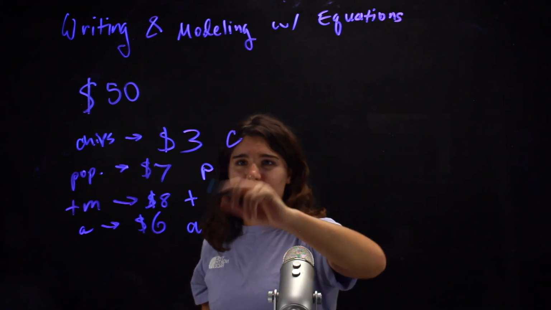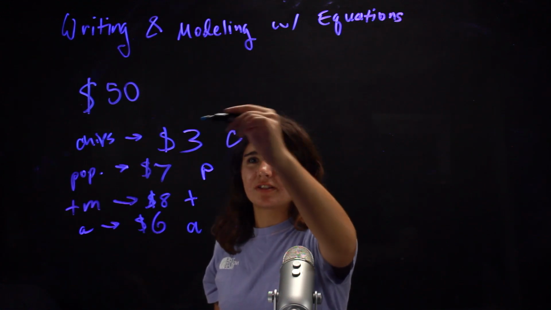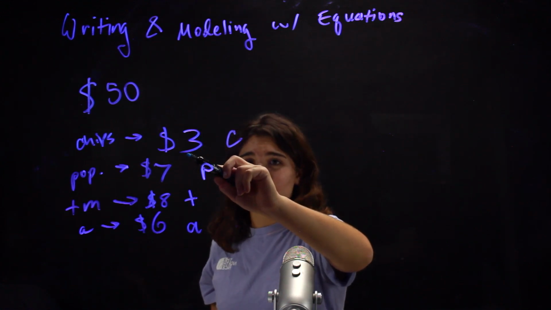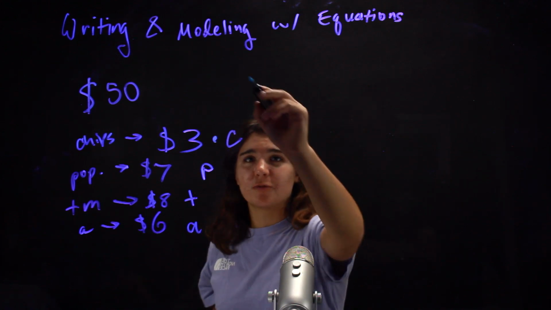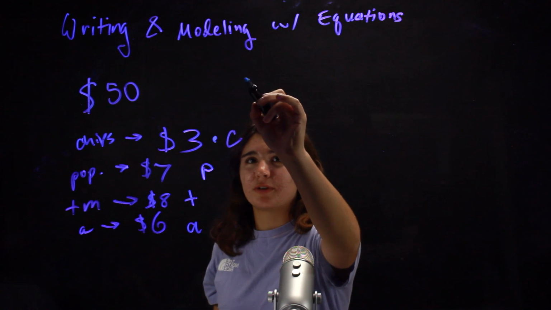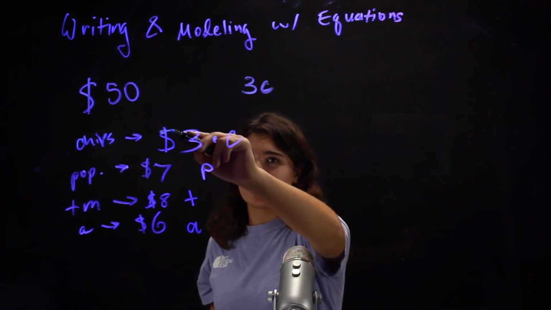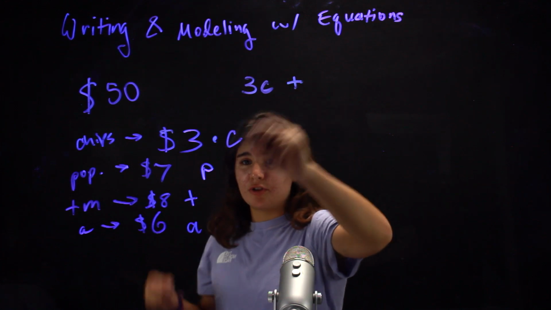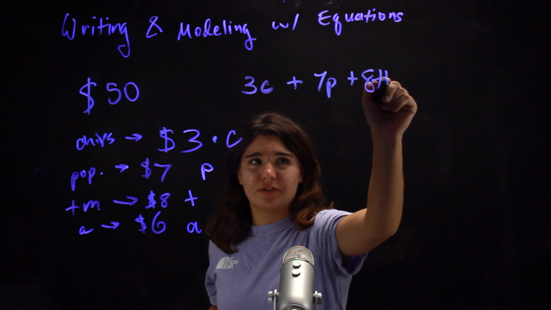So, the way we can represent this is that the amount that all the chips are going to cost is the amount that one bag of chips costs times how many bags we buy. So, basically, this is going to look like some amount of chips times 3, because that's how much it costs, plus, because we know we have to get all the rest of them, 7p plus 8t plus 6a.